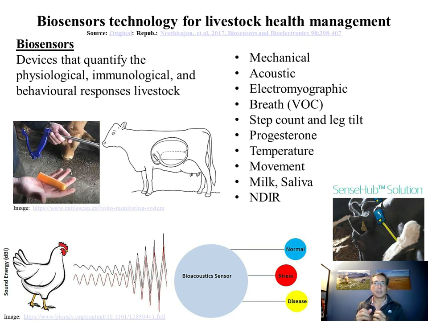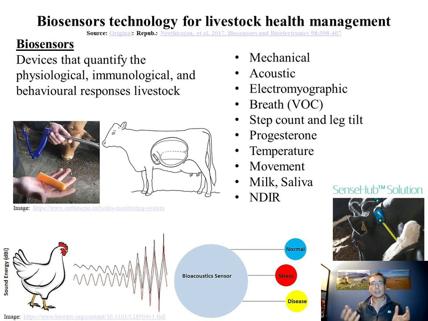There's sensors that are being used to measure breath, and so they can measure volatile organic carbons. Step count and leg tilt, so that can indicate if an animal is agitated or if it's having some lameness issues. There's hormone measurements, temperature measurements that you can take, as well as movement, milk, saliva, and so on. So the list goes on.